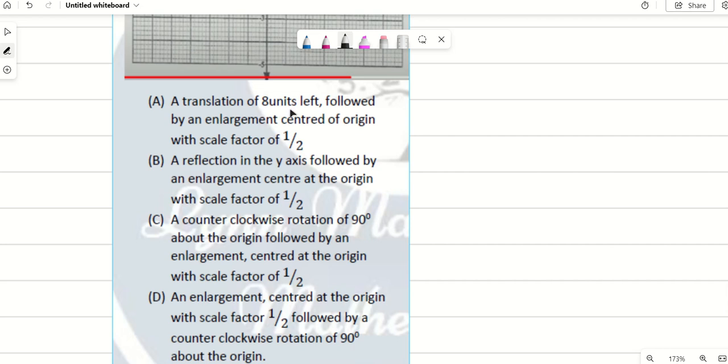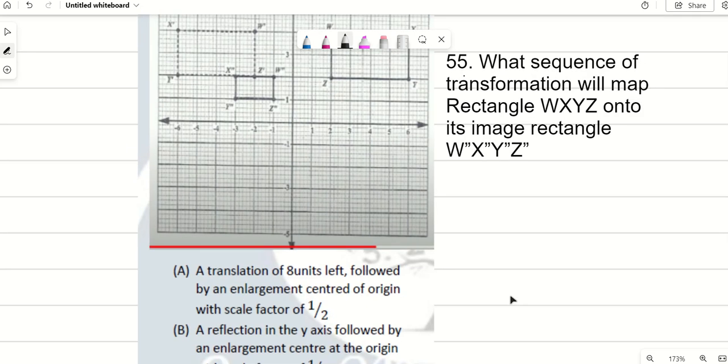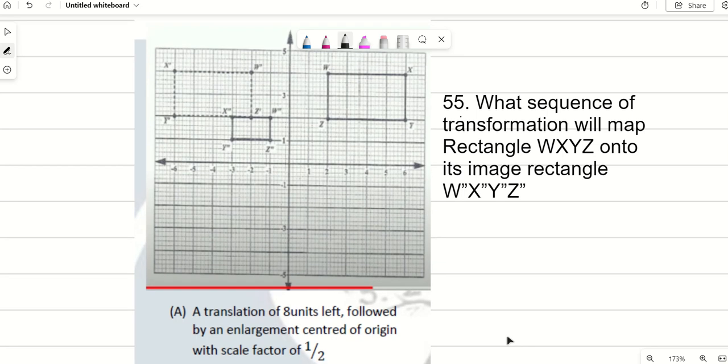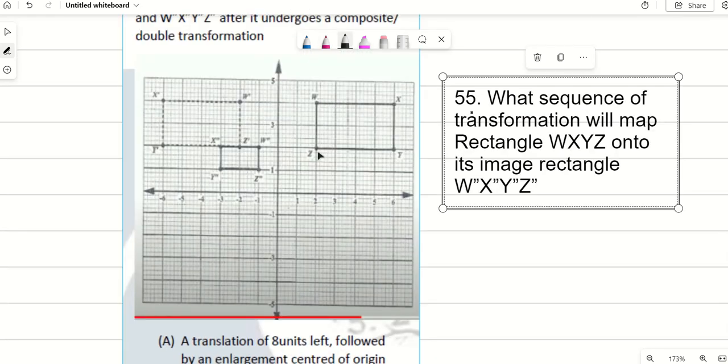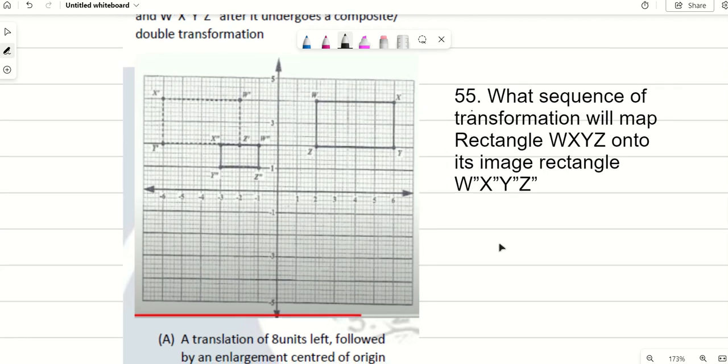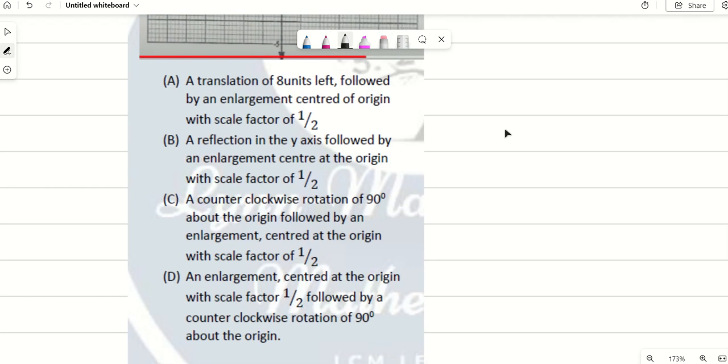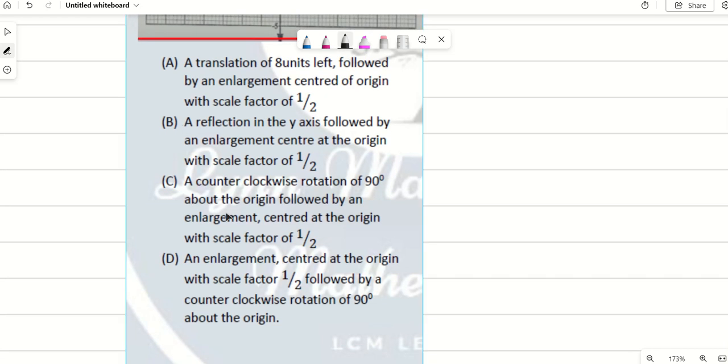A translation of 8 units left. Also, if we look at WXYZ, they're not in the same form. So was it rotated or reflected? No, this is a reflection. If this was reflected, the W would become here, the Z would come here. So this WXYZ seems as though it was reflected. So we're looking for reflection.